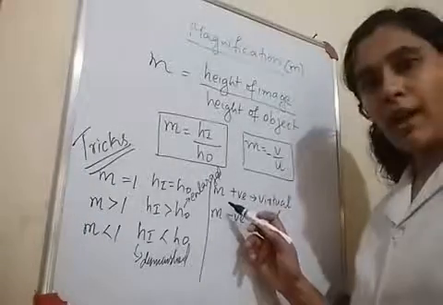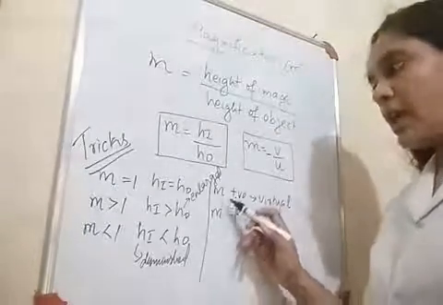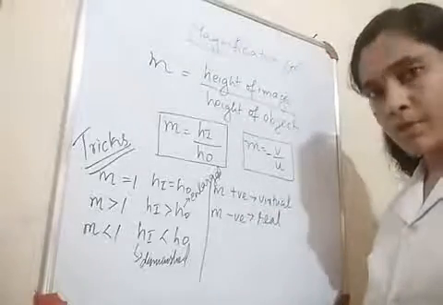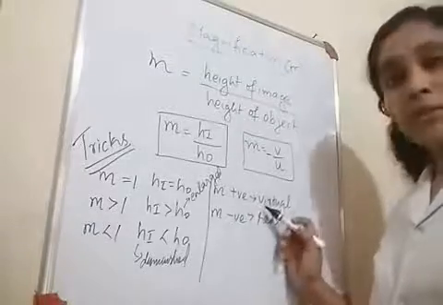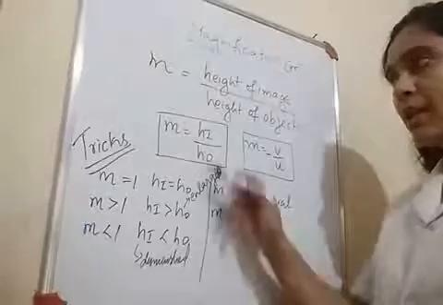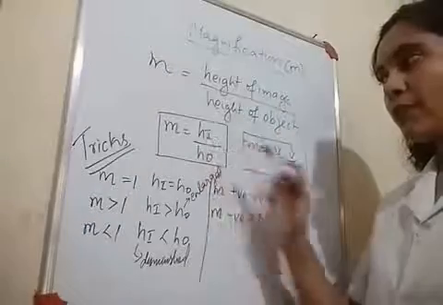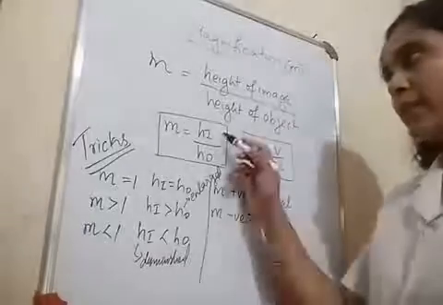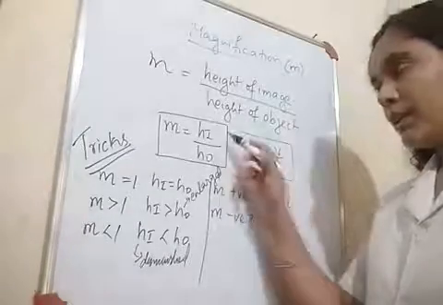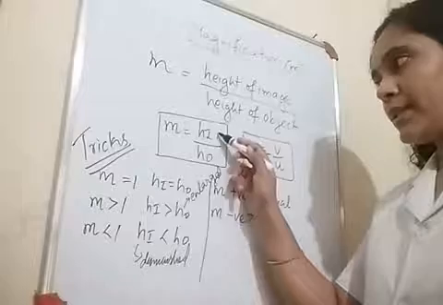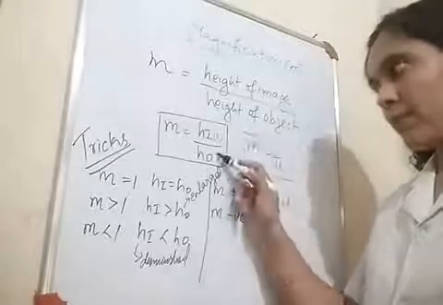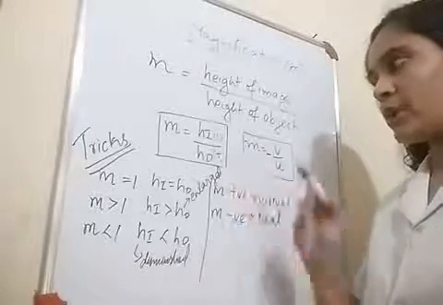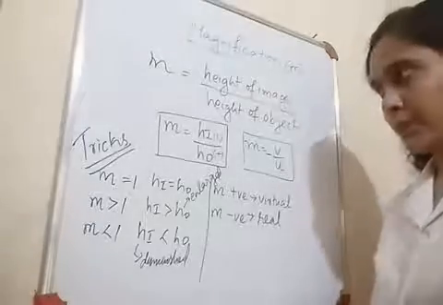Next trick is regarding the sign of magnification. If magnification value is positive, that means it will be a virtual image. Why? See, magnification is height of image by height of object. So if it is positive, the height of image must be positive and the height of object also must be positive.